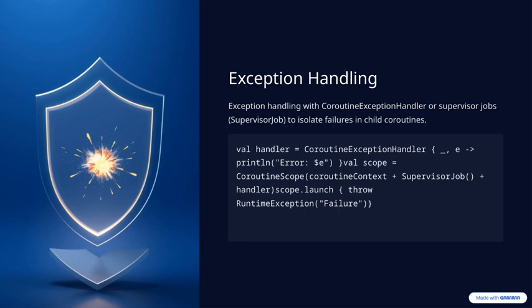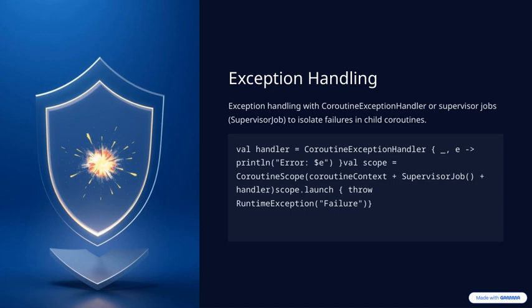For example, we can create a handler like this, where we define what happens when an exception occurs, such as printing an error message. Then, we include this handler in our coroutine scope along with a supervisor job. In our example, when we launch a coroutine that throws a runtime exception, the handler catches it, preventing the failure from affecting other coroutines.